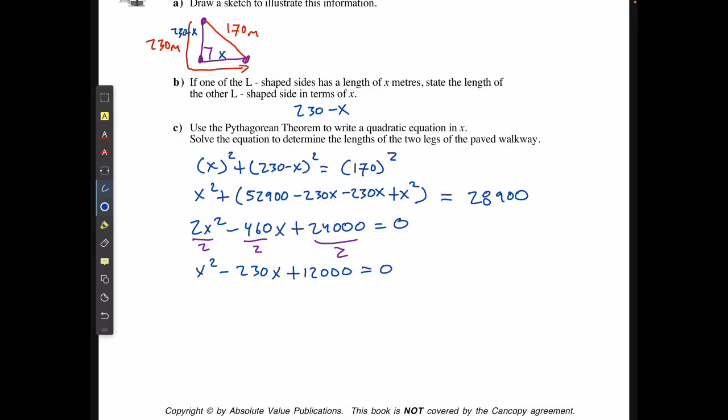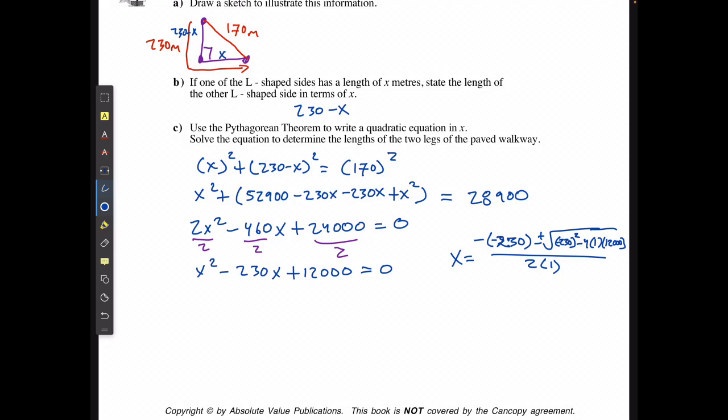I could use my quadratic formula and state that x is going to equal the negative of negative 230 plus or minus the square root of negative 230 squared minus 4 times 1 times 12,000, all divided by 2 times 1, and I can simplify this.